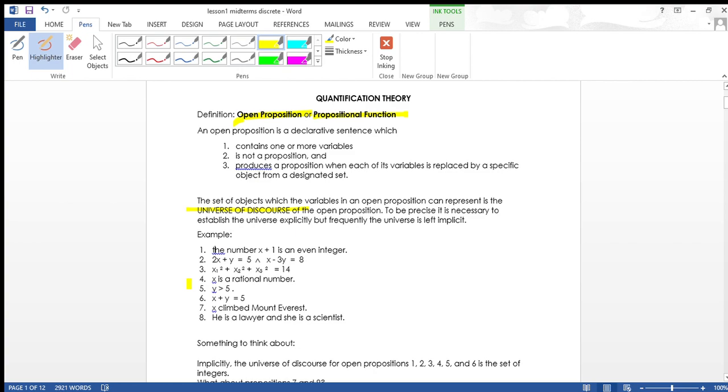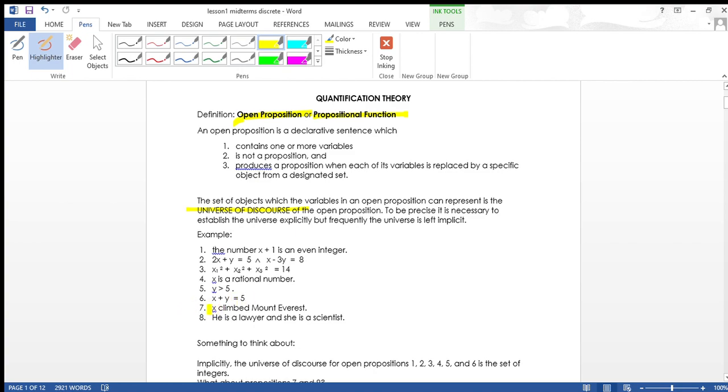While for number 7 and number 8, we may not be referring to numbers. For number 7, we have, for example, x climbed Mount Everest. So we don't know who that x is. Okay, maybe that's your x. And in number 8, we have he is a lawyer and she is a scientist.